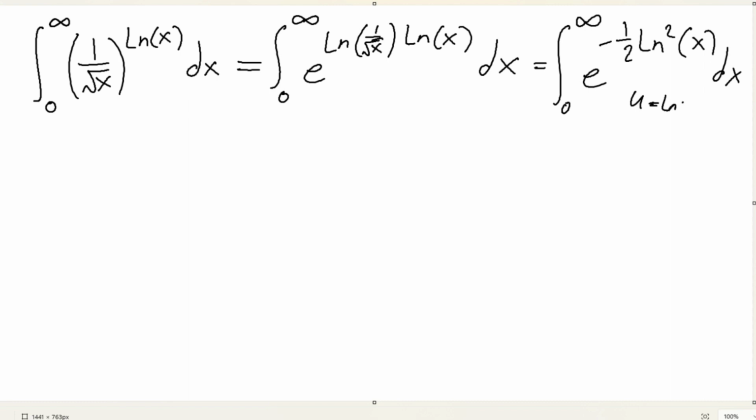we end up with negative infinity to infinity, because plugging the right-hand side of 0 into ln, you get negative infinity. And we'll be left with e to the u, because that's our du, and then minus a half of u squared du.